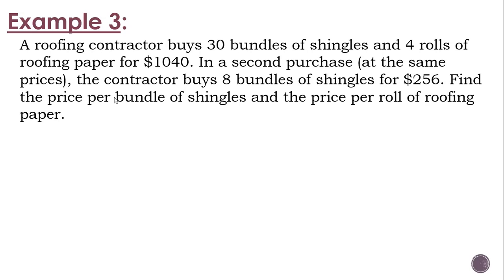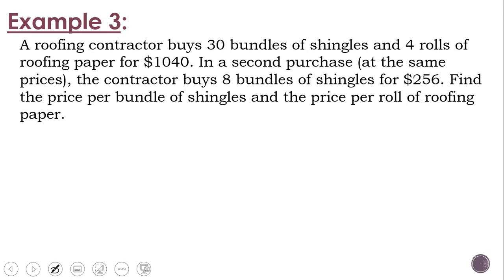Final example here is a word problem. It says a roofing contractor buys 30 bundles of shingles and 4 rolls of roofing paper for $1,040. In a second purchase at the same price, the contractor buys 8 bundles of shingles for $256. Find the price per bundle of shingles and the price per roll of roofing paper. So we can set up a system of equations here.